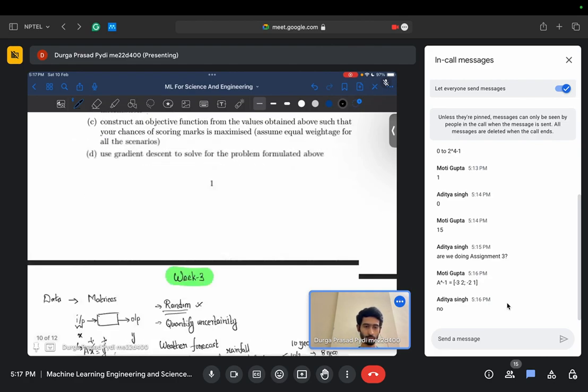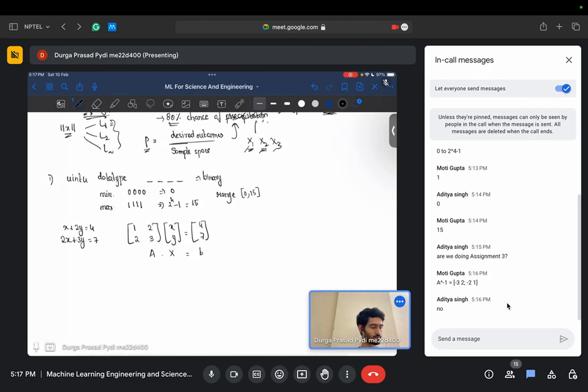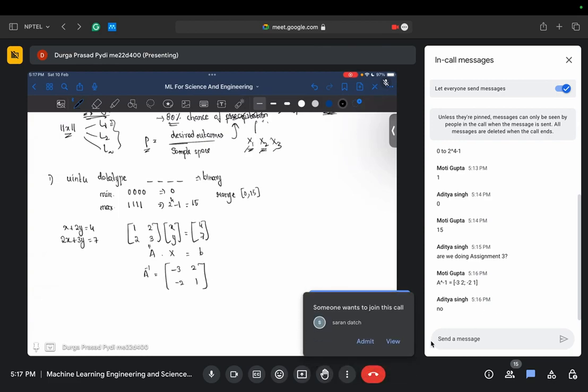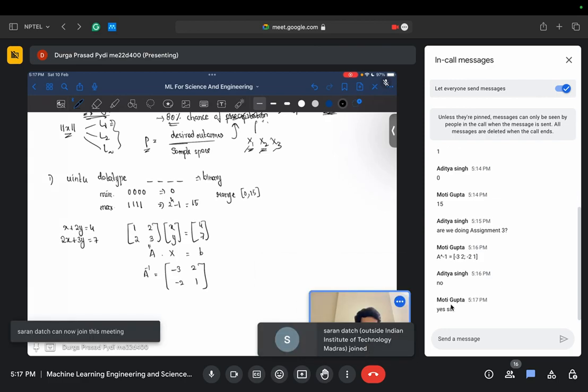Yeah, so he has calculated A inverse. This is my A. So is this right? Can anyone confirm? Yes.